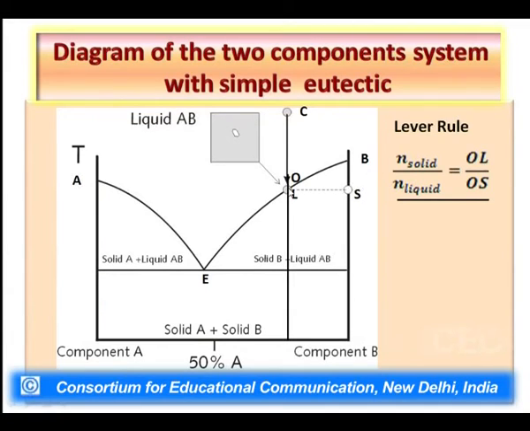Now, at this temperature what will happen? Suppose this is the temperature at which you have reached crystallization of the first crystal of B. It is important to note that the temperature corresponding to point L is lower than that corresponding to point B. That is, this liquid mixture will have a freezing point lower than that of pure component B, and more importantly its melting point is also lower than that of pure component A. Right.